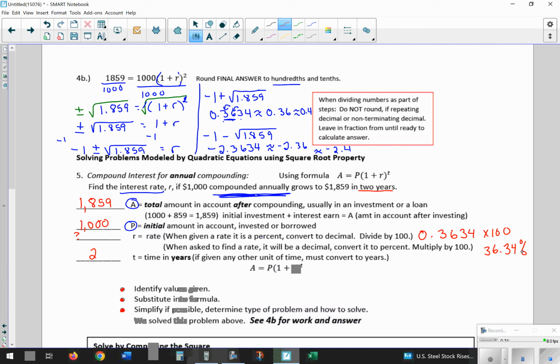I could ask you to round to the ones, the tenths, or the hundredths, and it just depends. If I asked you to round to the tenths place, this would be 36.3%, versus if we had rounded and then gone to 100, we would have just had 36, or if we had rounded to the tenths place and then gone to percent, we would have said it was 40%. So nuances of the problem do make a difference.